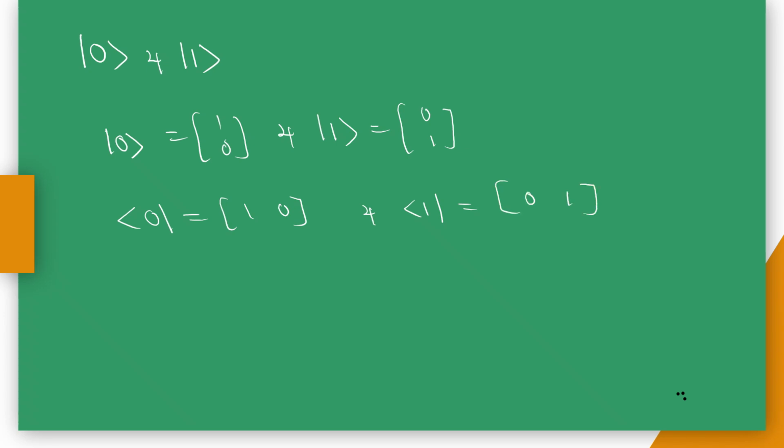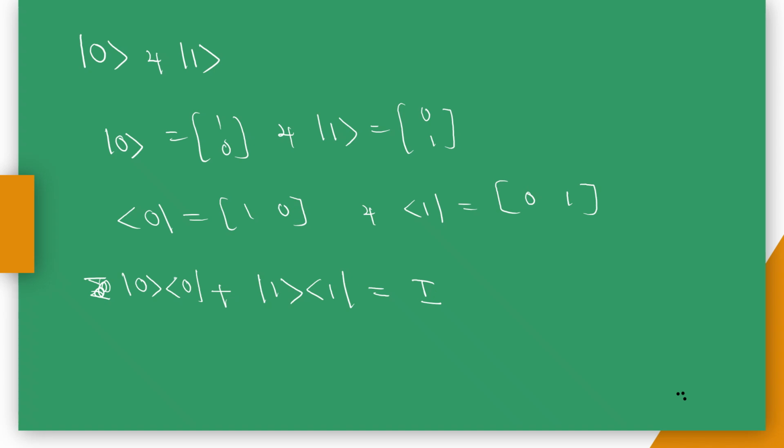As we discussed, these are the two state vectors. For completeness, we need to take the linear combination, sigma, which means summation: the outer product of 0 plus the outer product of 1 must be equivalent to I, the identity matrix.